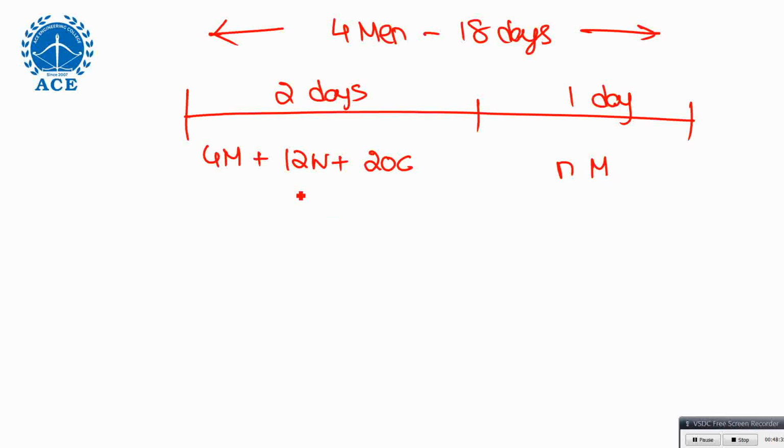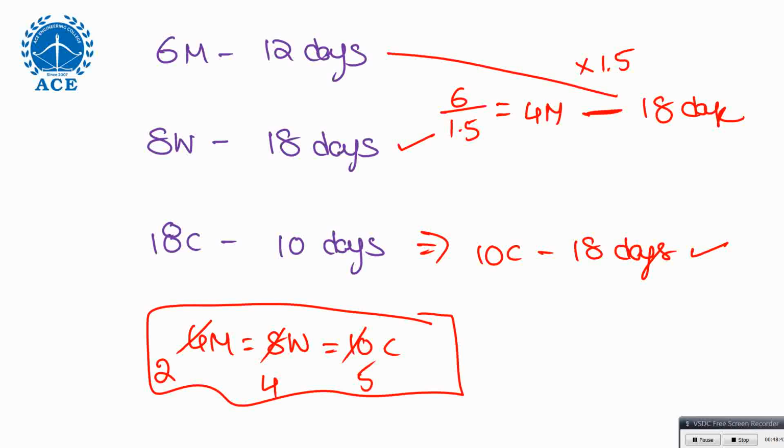Now, see here, 4 men, and 12 women can be taken as 6 men. Why? Half. 8 women equal 4 men, so 12 women will be equal to half of that, 6. 10 children equal 4 men, or 5 children equal 2 men.